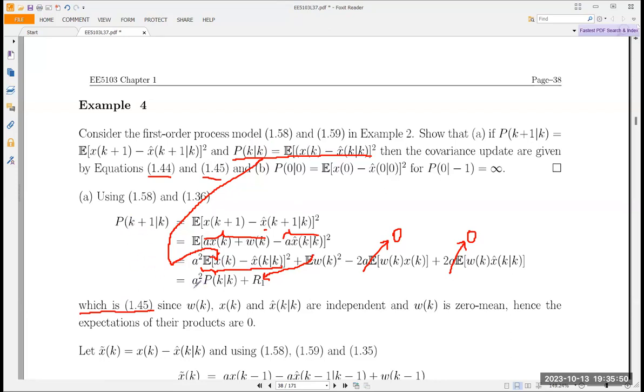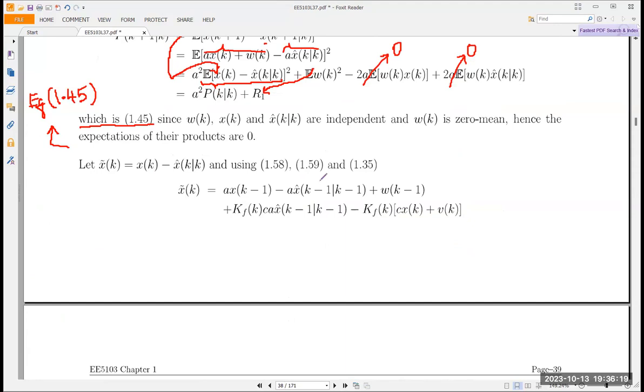So the covariance between these two covariances is related in this equation. So that's 45. So here to now, we have proven equation 1.45.